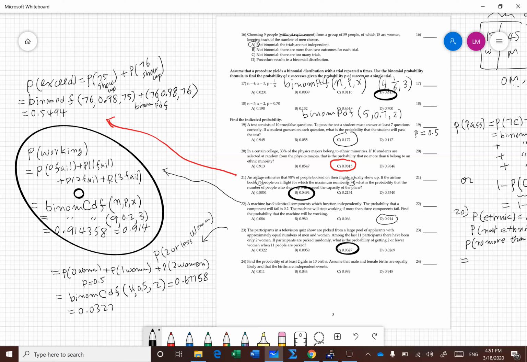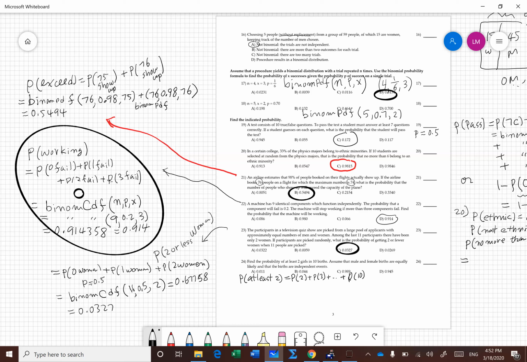Okay. Now, is it the last one? I hope. Find the probability of at least 2 girls in 10 births. Assume that male and female births are equally likely and the births are independent events. So now what you need to do here, probability of at least 2 is probability of 2 plus probability of 3 plus all the way to probability of 10.